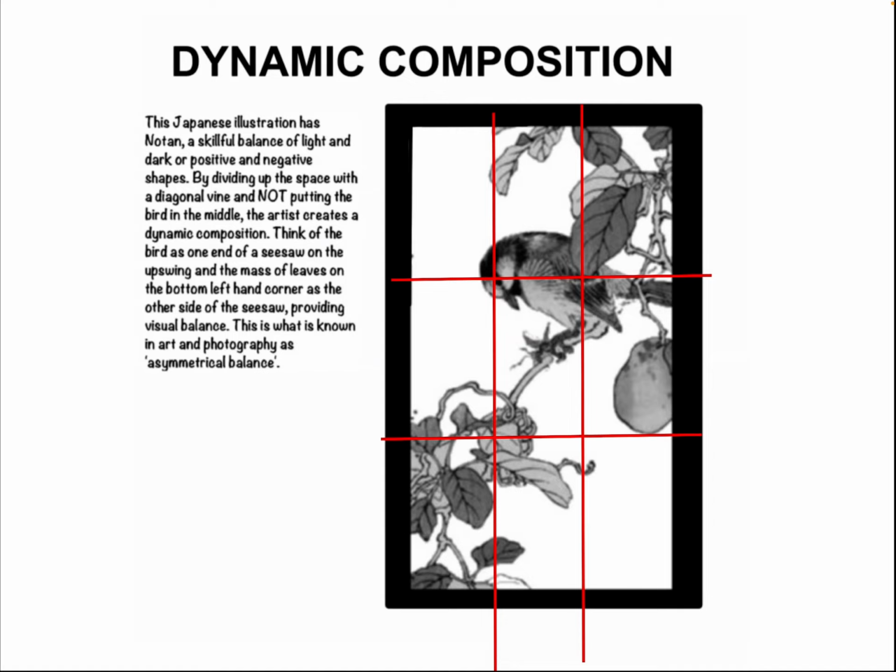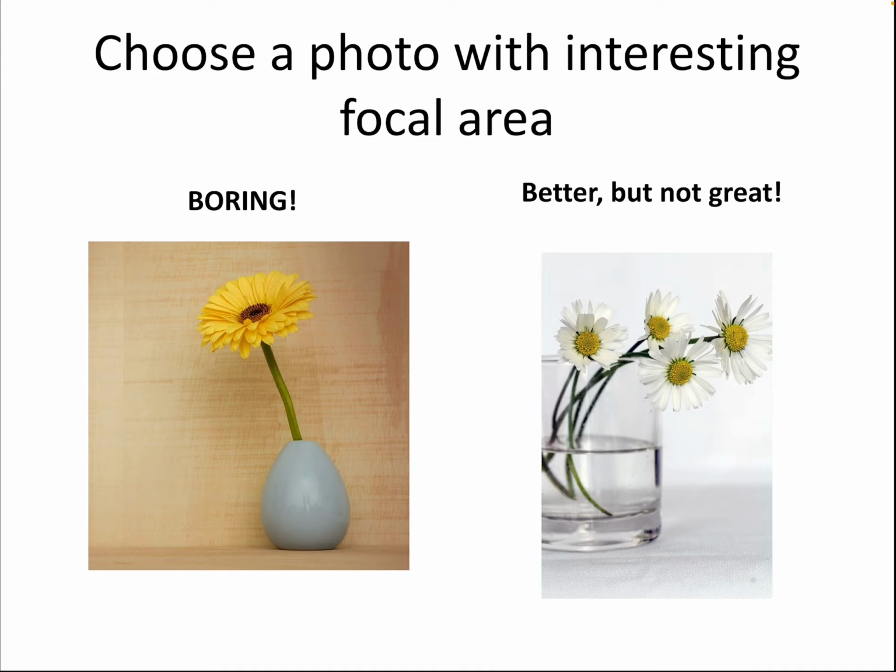And the focal point, that bird, sits right on those third marks. So if we think about the rule of thirds, we can definitely see that this composition would apply to that rule.